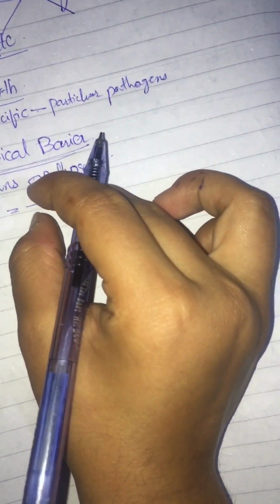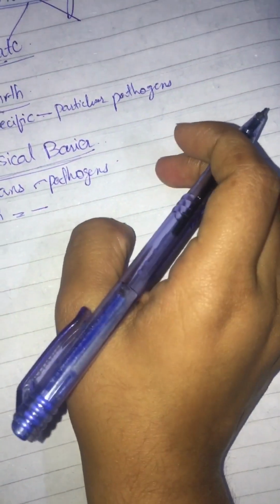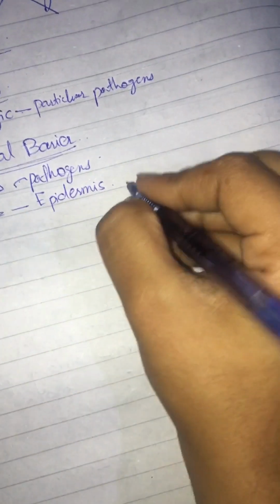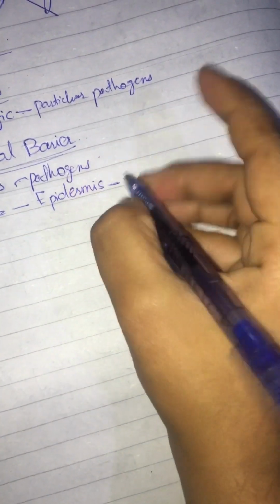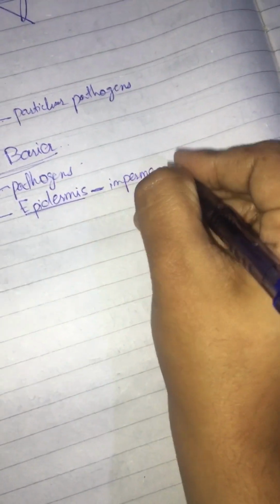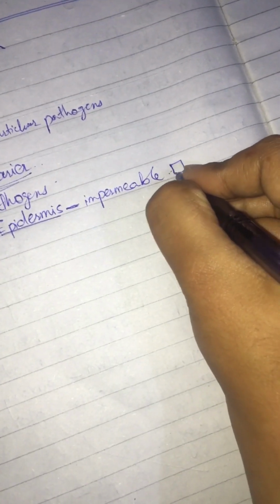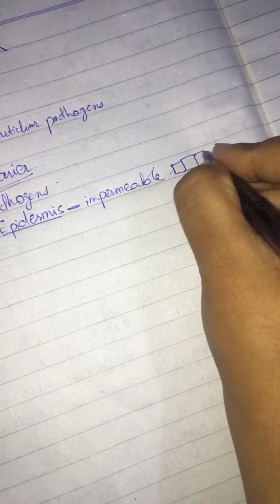As we know, skin has three layers: epidermis, the middle one dermis, and the third one hypodermis. Here the function is of the epidermis, the upper layer which protects our body. This layer is impermeable, and skin cells are packed very tightly to each other.